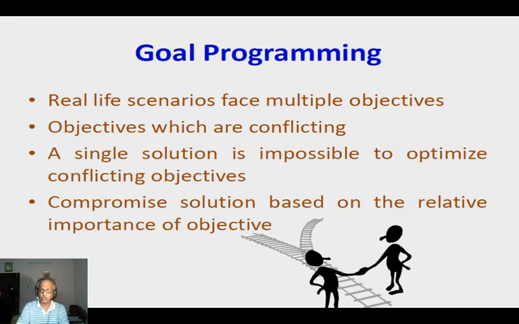And these objectives will be really conflicting, and it is not possible to get a single solution for the problem, or an optimized solution for these conflicting objectives. This compromised solution is based on the relative importance of the objectives.